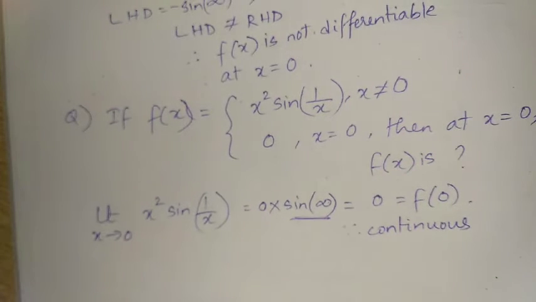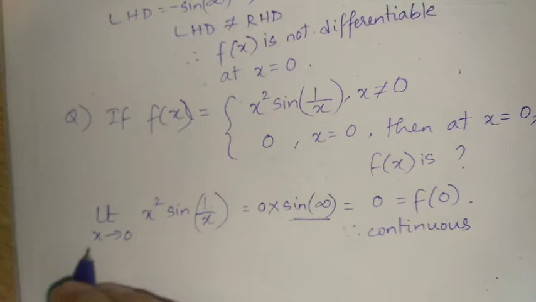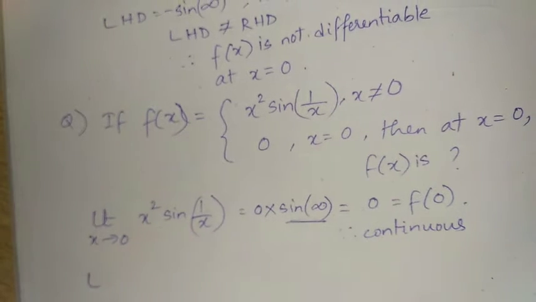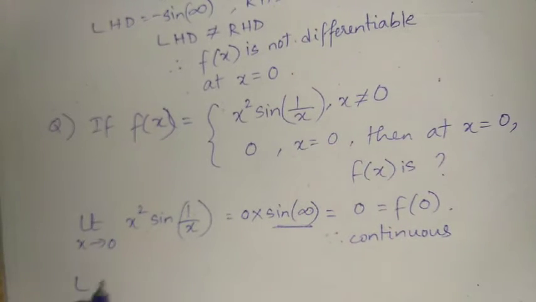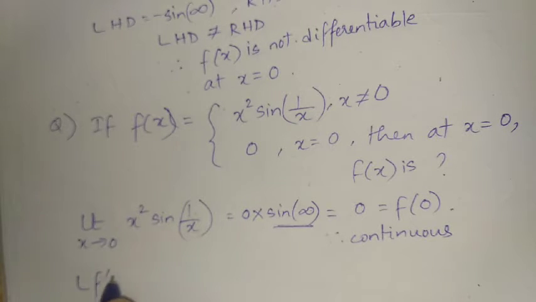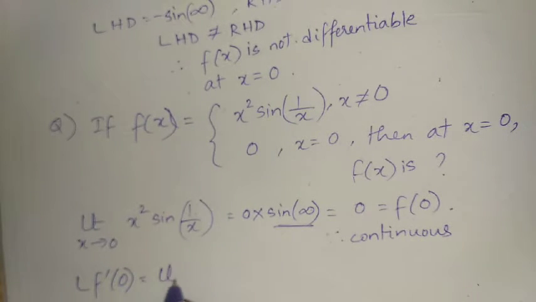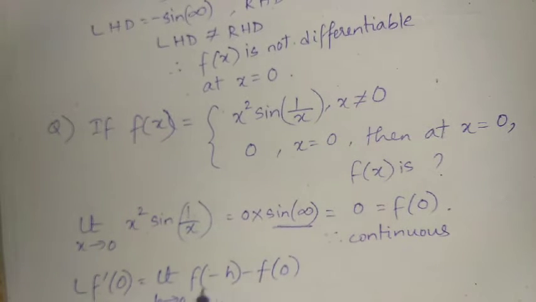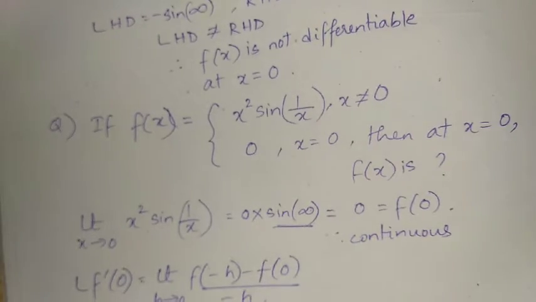Now to check differentiability, we first take the left hand derivative. F dash of 0 is equal to limit h tends to 0 f of minus h minus f of 0 divided by minus h.